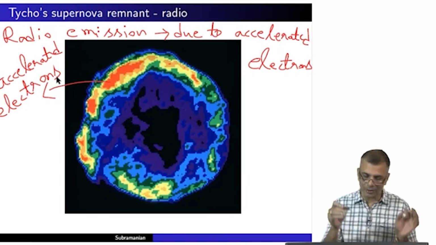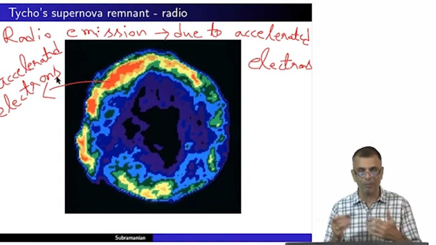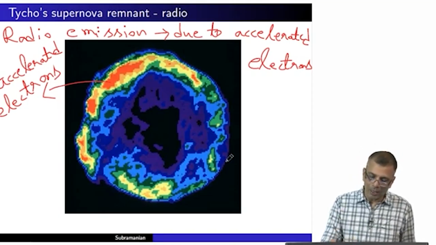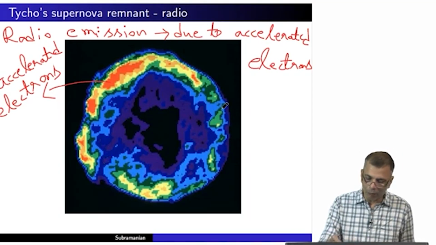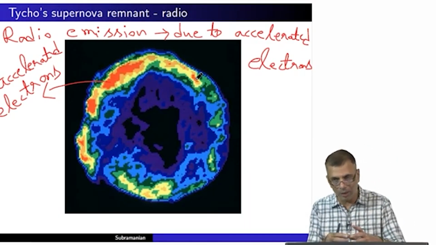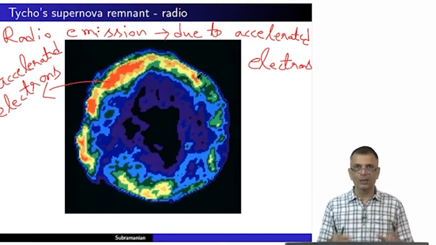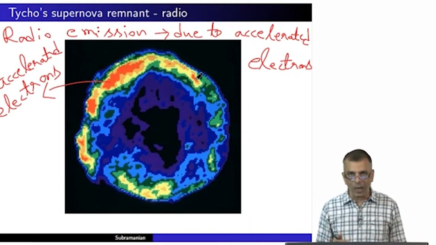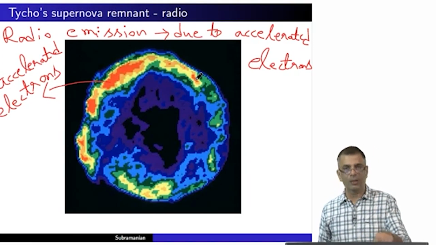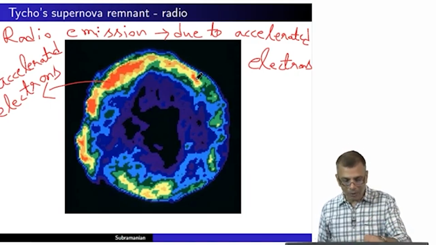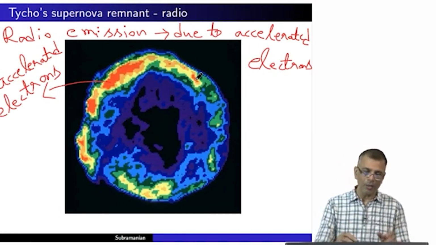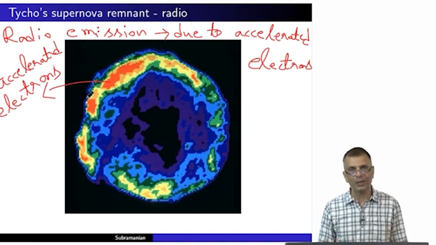This is a very strong piece of evidence to conjecture that this spherical front essentially is a spherical shock, an expanding spherical shock. Why? Because we are seeing signatures of accelerated electrons observable in the radio only at the spherical front, not at the center. And therefore this spherical front is most likely an expanding shock.